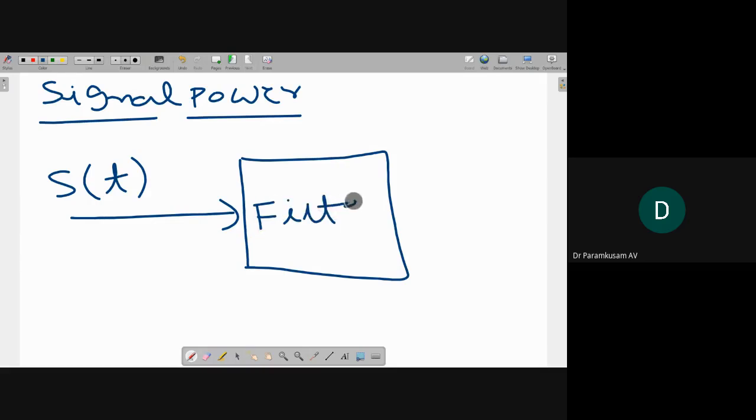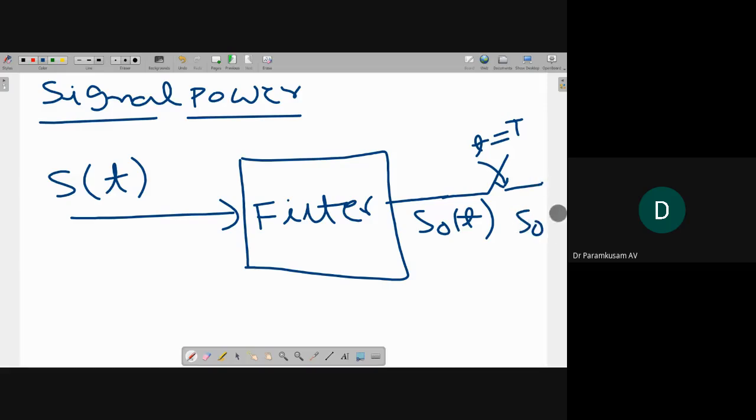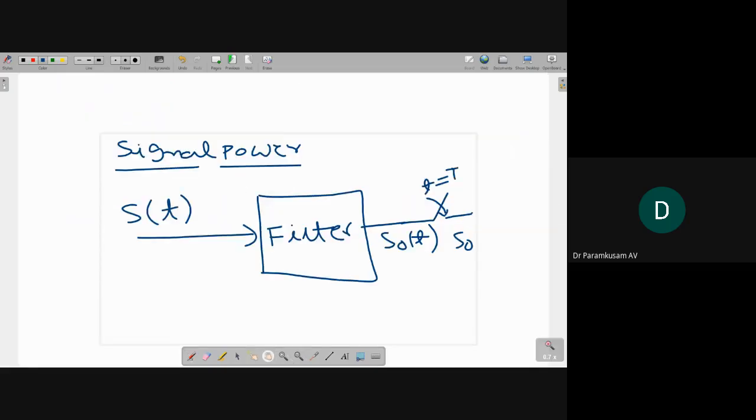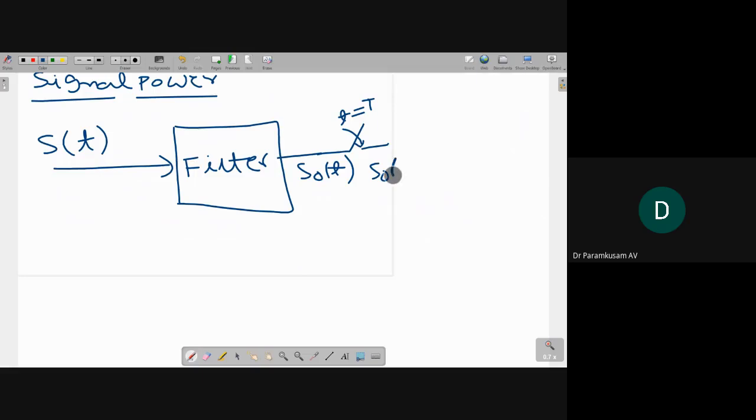And this is S naught of t, where S of t is the input signal to the filter. S naught of t is the output of the filter. This signal is sampled at t is equal to T. Then this output is equal to S naught of T.